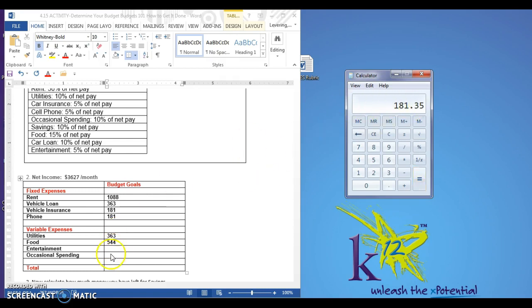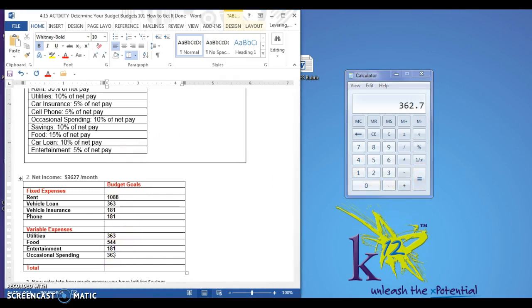So $181 should be budgeted for entertainment per month, and then occasional spending. You'll see here is 10% of my net pay. So that means another $363.